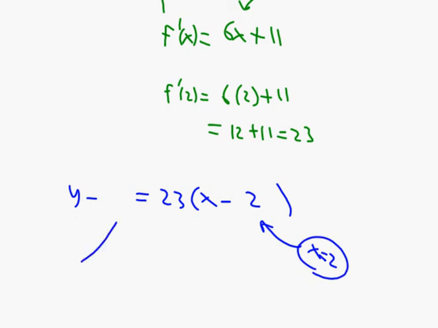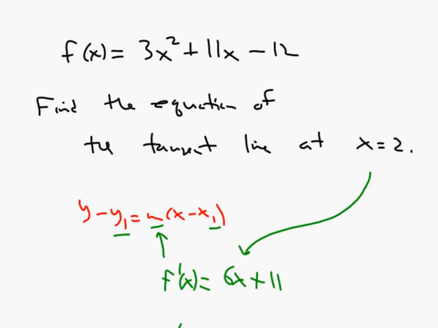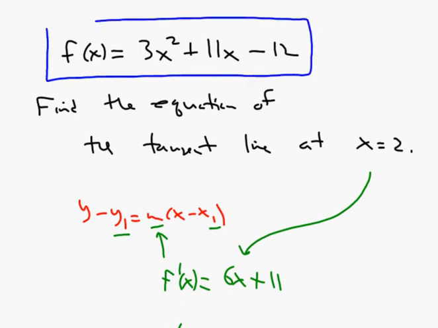So the last thing left to find is, hey, what's the y value there? You'll be okay if you remember what the original function does. This original function tells us the y value, that's what y is over here, whenever you sub in something for x. So if you plug in a number for x, you'll get the y that goes with it. So really what we want to know is what's f of 2, or what's the y value when x is 2.